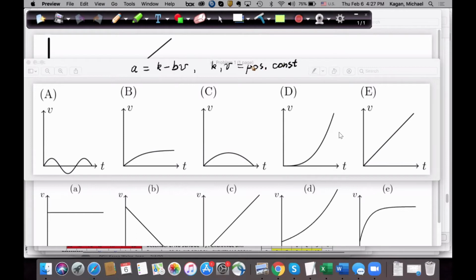Okay. Which of these graphs would be consistent with this equation? And why?